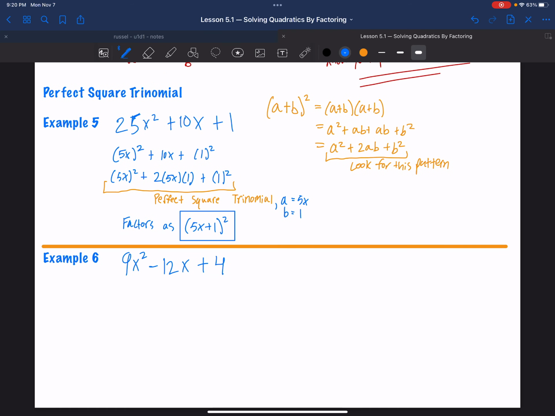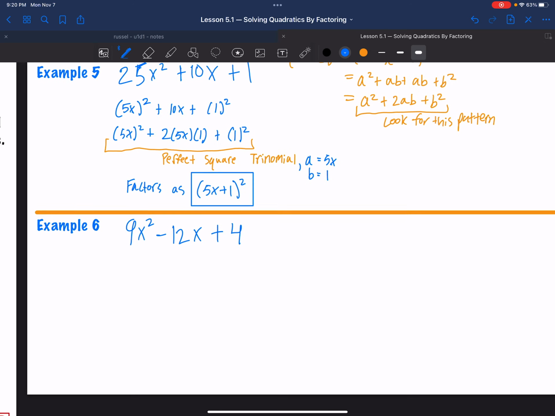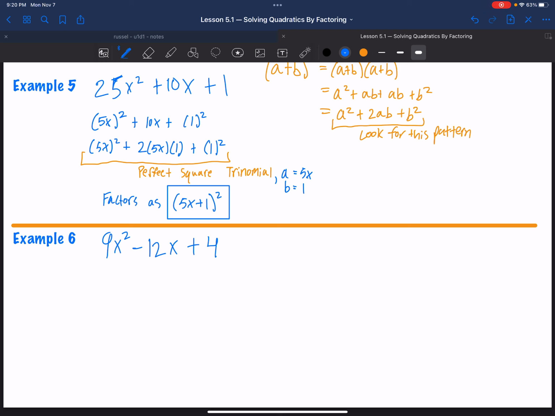So what I would do is pause the video and try number 6 here. That's what I would do. But I'm just going to go ahead and walk through it. If you're looking at 9x squared minus 12x plus 4, this could be reinterpreted as 3x quantity squared minus 2 times 3x times 2.